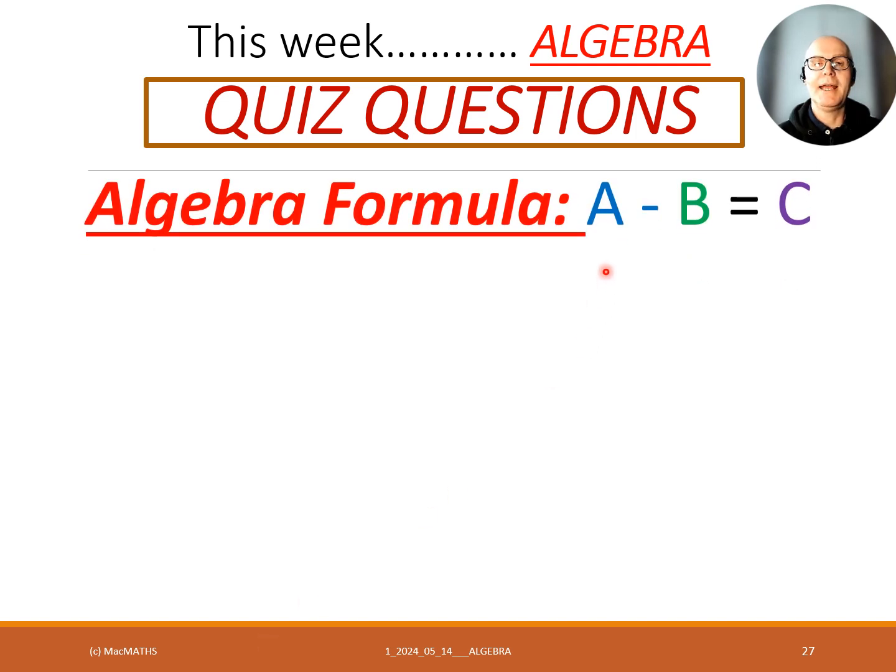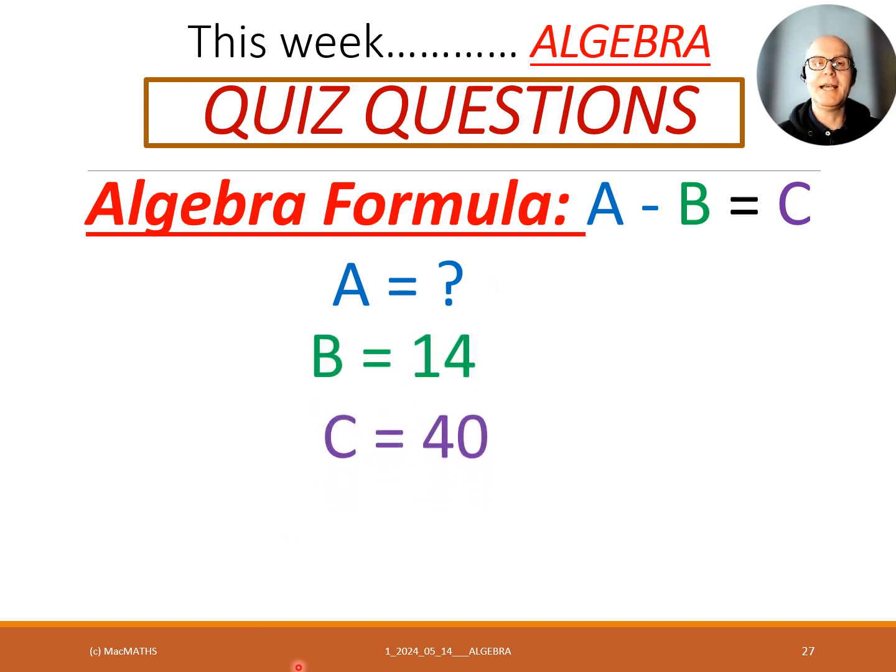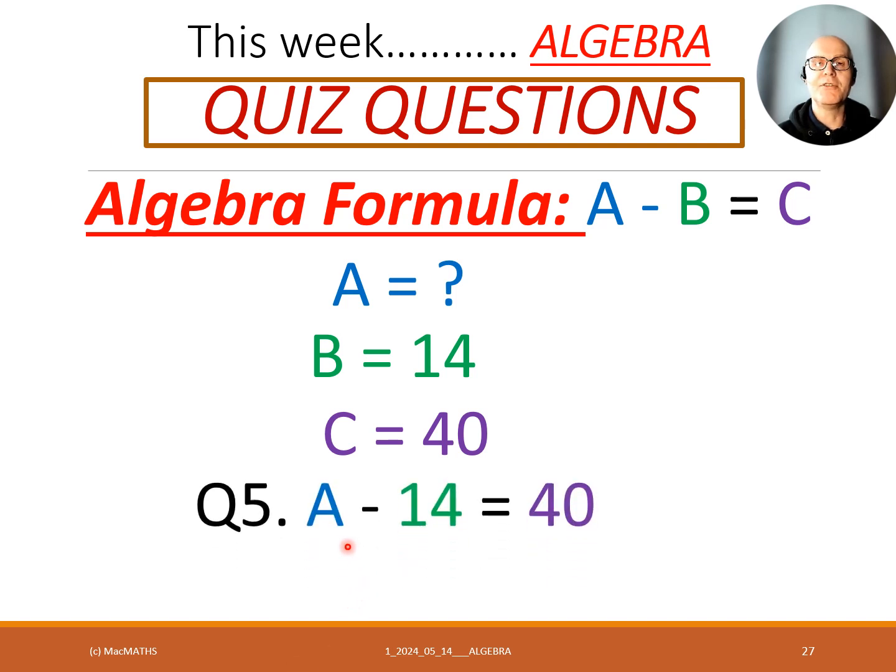Next question. A minus B equals C. In this example, we don't know A. B equals 14 and C equals 40. Substitute the values in. A minus B, which is 14, equals C, which is 40.